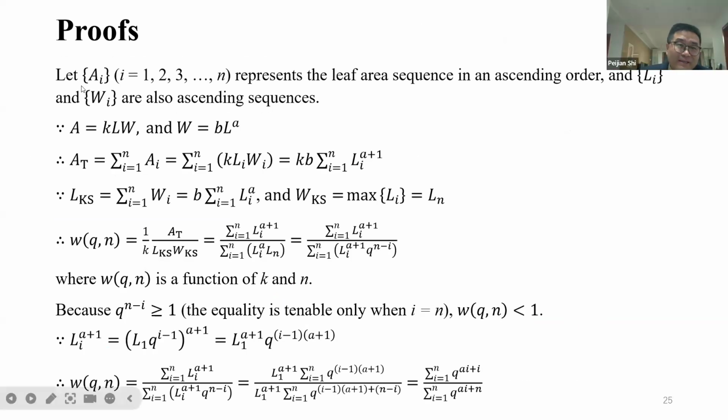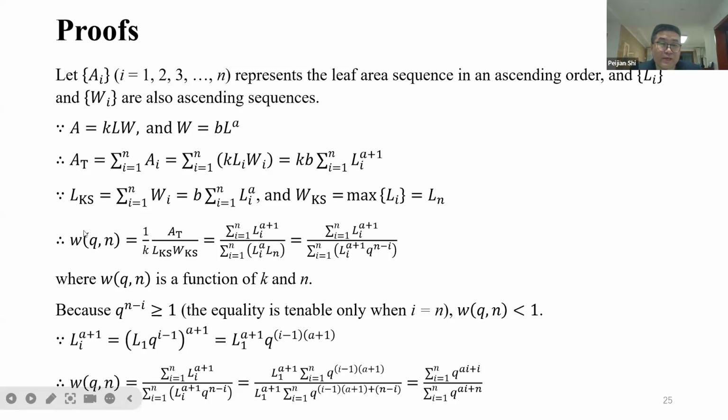So, let's say this sequence. Here Ai represents the leaf area sequence in ascending order, and Li and Wi are also ascending sequences. Because Montgomery shows this, and there is a scaling relationship between leaf widths and leaf lengths, we can rewrite it like this.